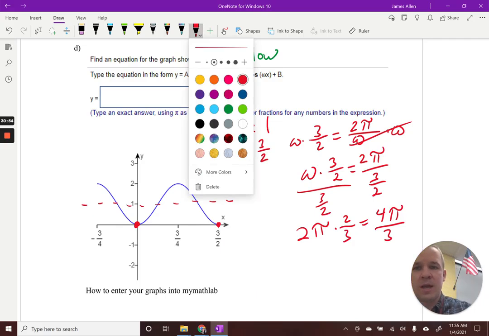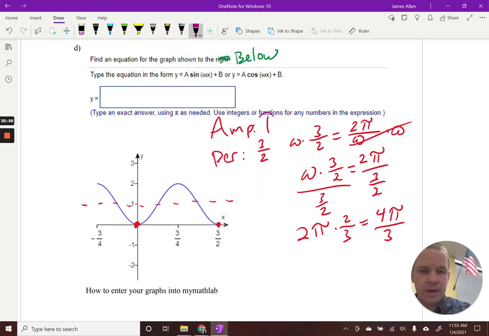So we have all the information that we need, right? I've got my amplitude. I've got my period multiplier. Let's pop it in. Well, this one starts below that midline, and this is a cosine function.